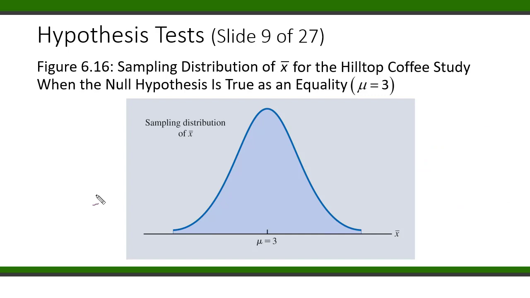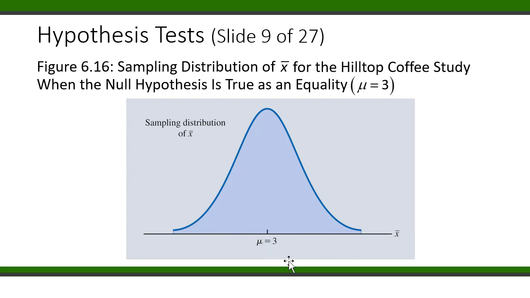So if we use the example that's on page 255 in your book, we're looking at a coffee study to determine how many pounds of coffee are going into a can of coffee from Hilltop Coffee. And they're actually saying that the actual value of that coffee is 3 pounds.